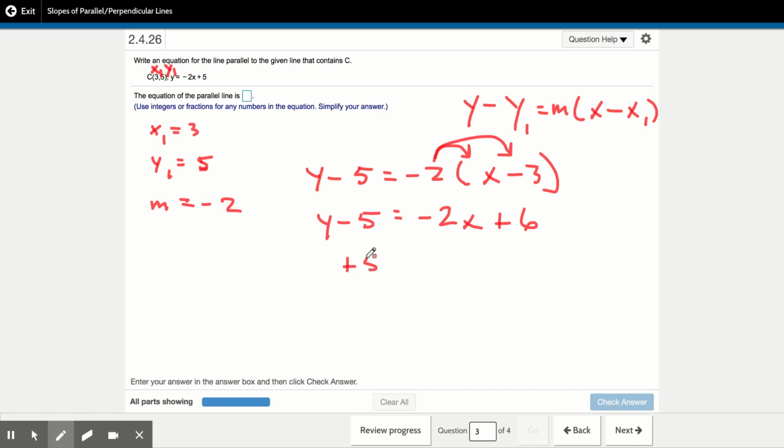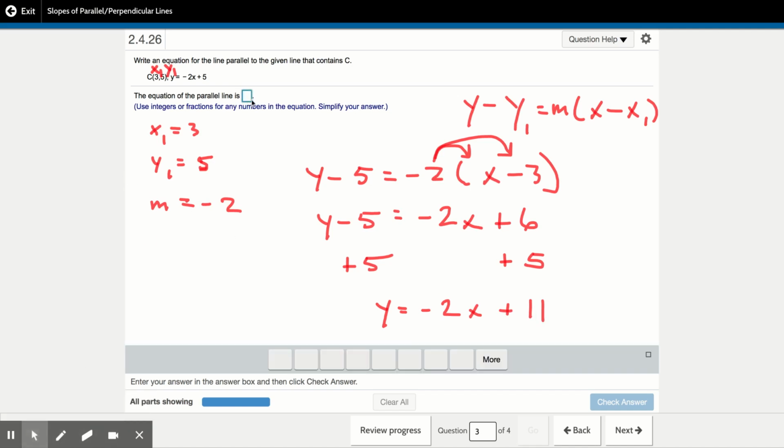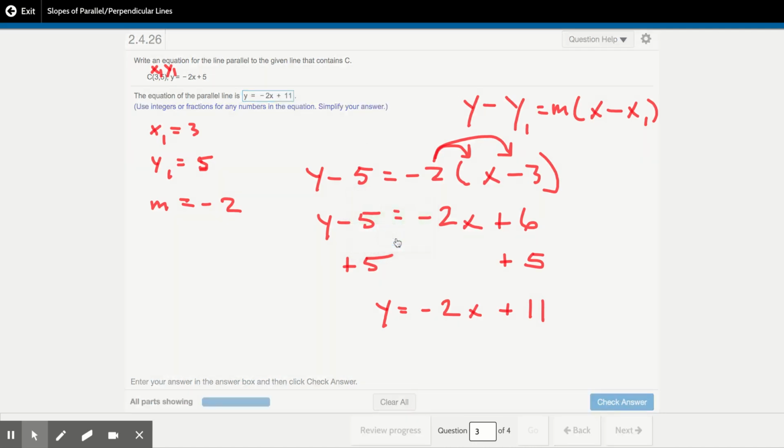Then I want to add 5 to both sides, and my new equation is y equals -2x plus 11, right? As I go ahead and answer the question, I'm going to type that in. They're going to say nice work.